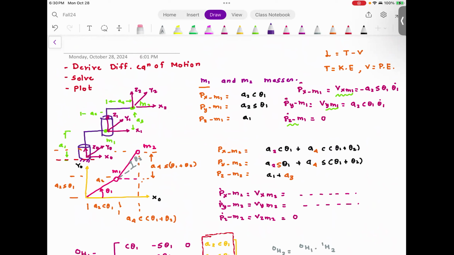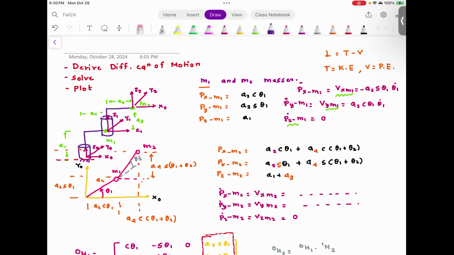First, draw the kinematic diagram, solve the forward kinematics problem, then find out the position of each mass where the mass is located with respect to the 0th coordinate frame, x0, y0, z0. Then find out the velocities of those masses, find the kinetic energy, find the potential energy, and then use the Lagrangian formulation or the MATLAB script to solve the equations.